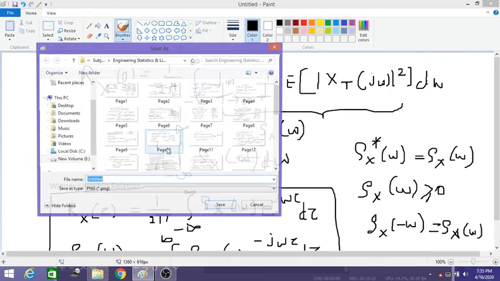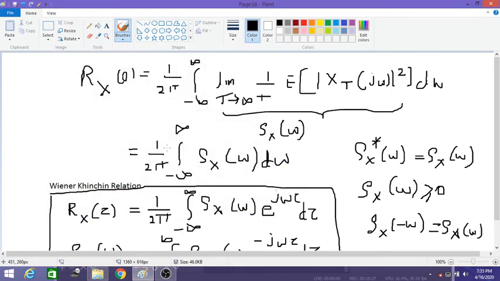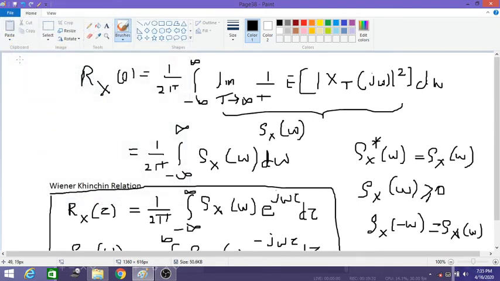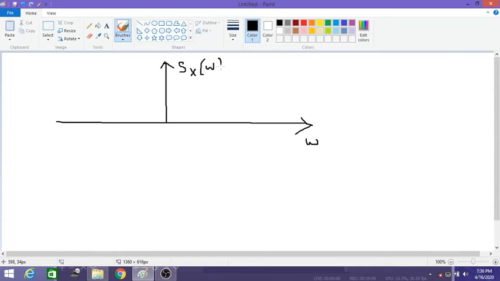So now let me save this page here. This is page 38. Now let us look into the plot of this power spectral density. It will look something like this. This is the omega axis, and this is the power spectral density, which we call Sx of omega, and we'll get the two terms on both sides, with positive and negative axis.